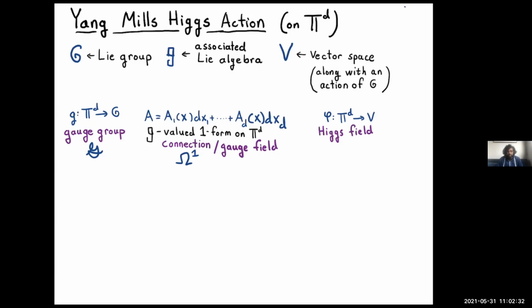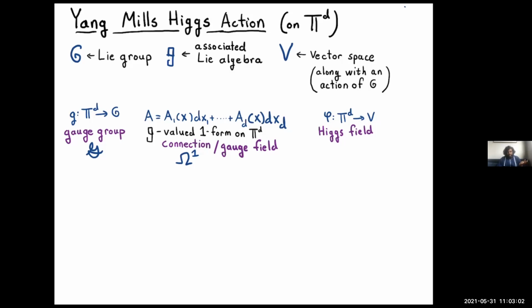So I'm not going to look at more exotic geometric scenarios, but the characters that we have are, first, a map from your domain, this d-dimensional torus, into the Lie group. This is the gauge group, and it's a group under pointwise multiplication.